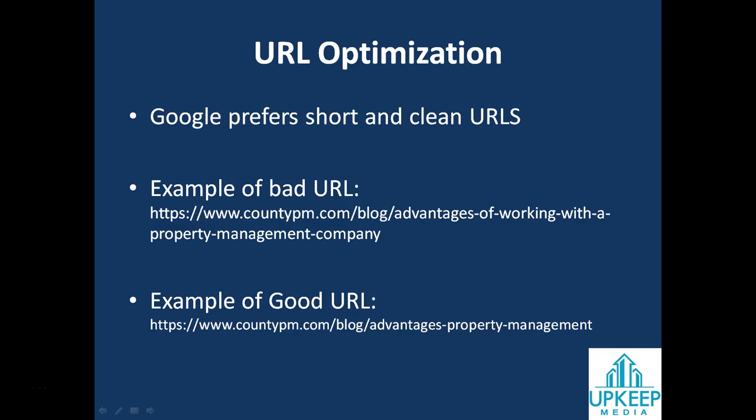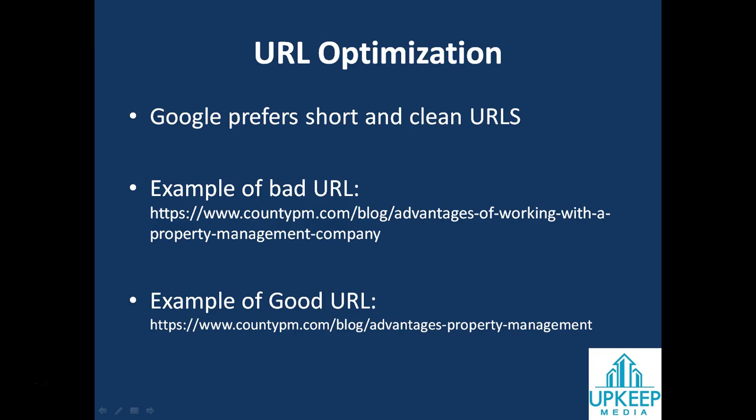I got tired just reading that out loud. A search engine gets tired of having to look at all these words. They're smart enough now that they can piece together the main words and then read the content that's actually on the page to understand what the page is about. So they prefer URLs to be shorter.